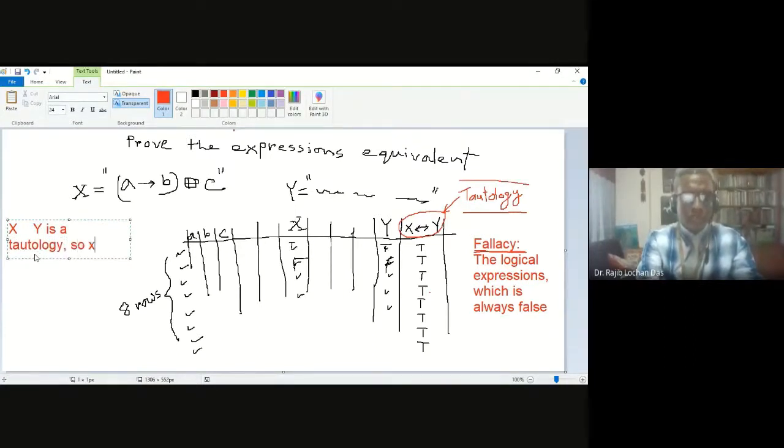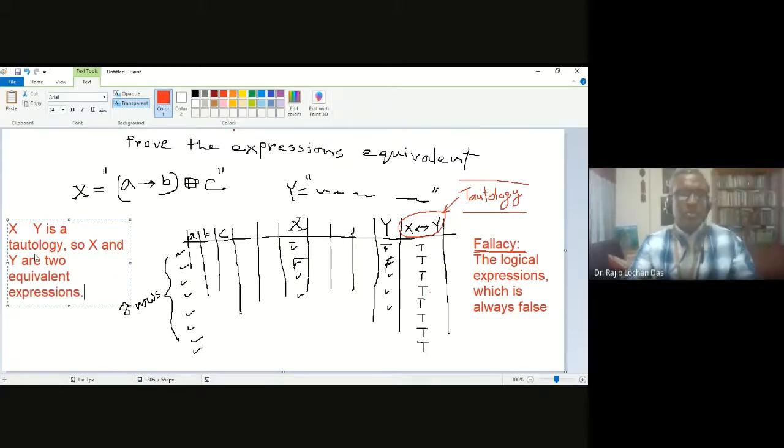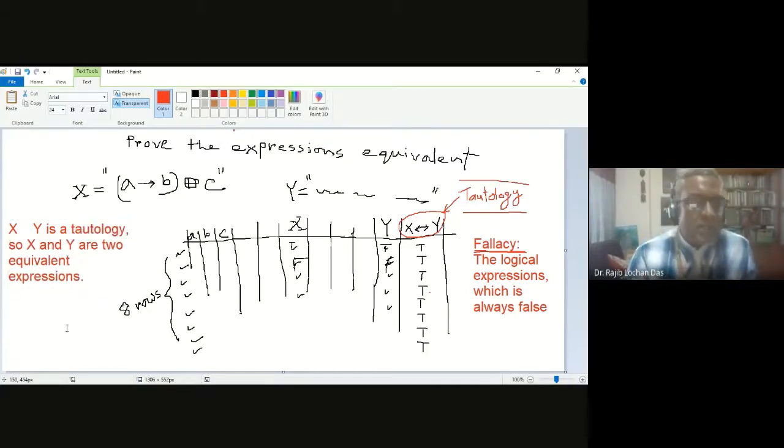So capital X and Y are two equivalent expressions. You will answer like this.